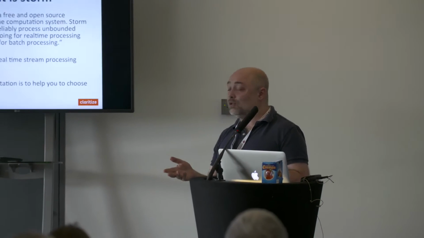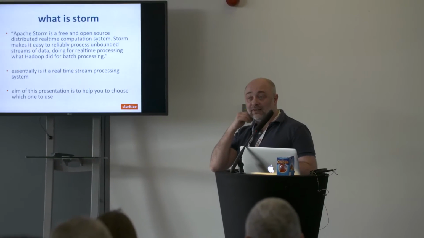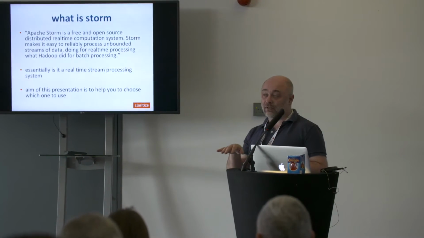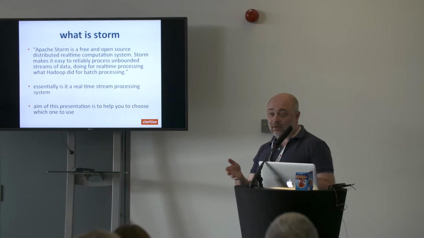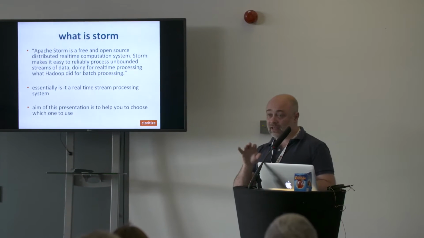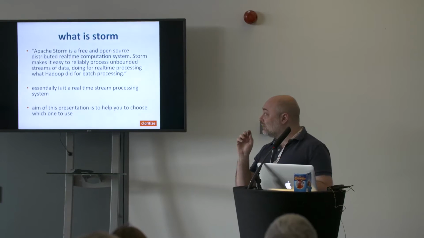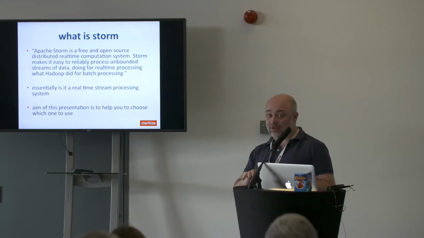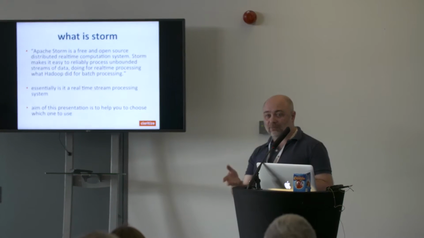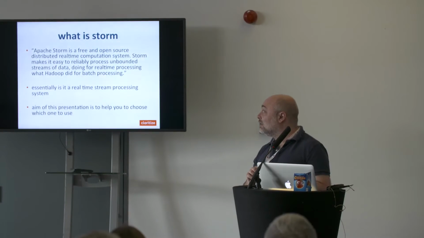Whereas Spark is a much newer project, and isn't used in as many production environments from what I can see. Certainly if you search the web for cases where Spark is being used, fewer people claim they're using it in production. People tend to be playing with it a bit more to see what it can do.